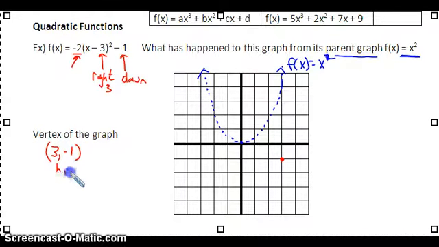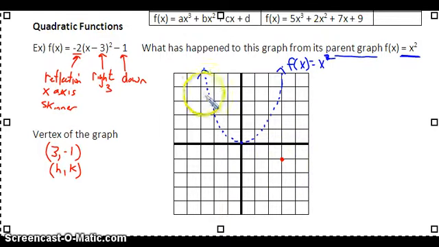Sometimes we'll label this vertex as an (h, k) value also. Then let's take a look at the -2. First of all, I know that if it's negative, it's going to be a reflection. And that reflection is going to be along the x-axis. And because this is a 2, it's going to make my graph skinnier.